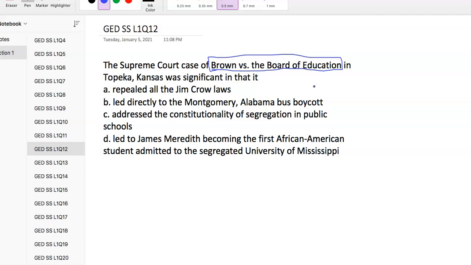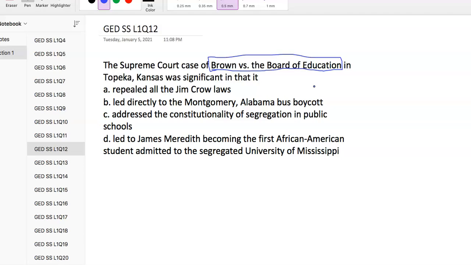The Supreme Court case of Brown versus Board of Education in Topeka, Kansas was significant in that it repealed all the Jim Crow laws, led directly to the Montgomery, Alabama bus boycott, addressed the constitutionality of segregation in public schools, led to James Meredith becoming the first African American student admitted to the University of Mississippi.